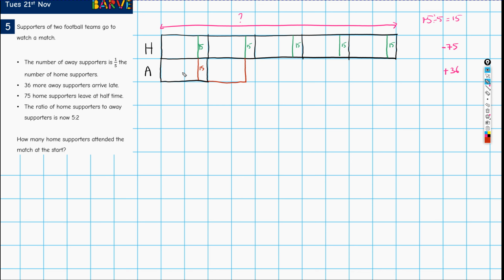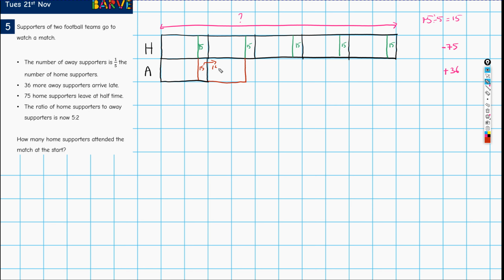So I now have 2 parts here that match with these 2 home parts. Let's think about where the 36 must be, and also what's happened to this 15, because they haven't left. So this 15, if they're not represented here, they must be here. They must be part of this extended bit, as must be the 36.